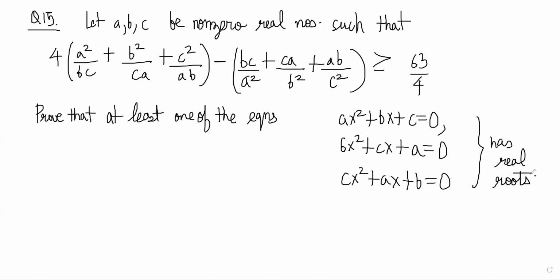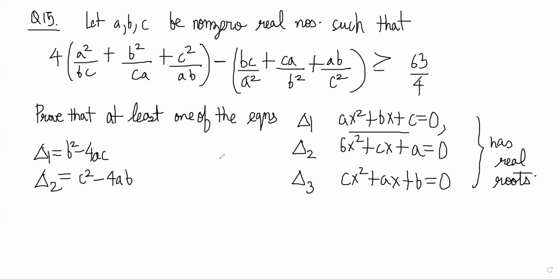Okay, so if you think about it, you can write the discriminant of each of these equations, right? The discriminant delta 1 will be b squared minus 4ac. Delta 2 will be c squared minus 4ab.